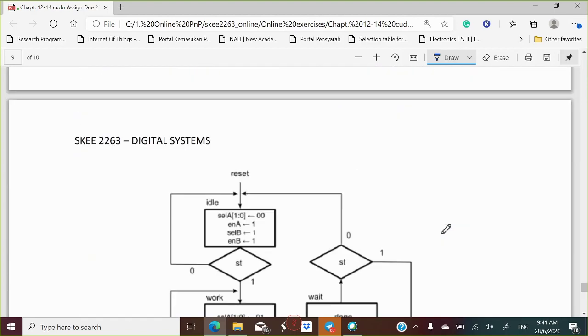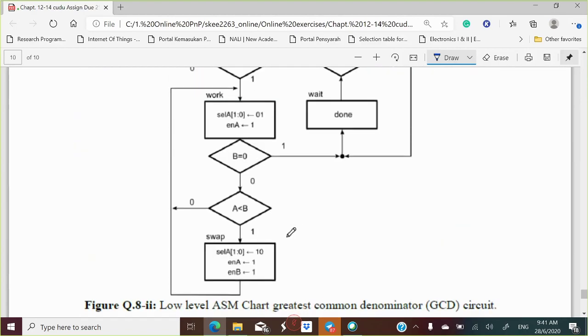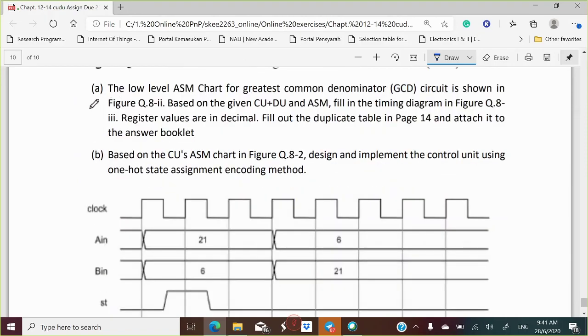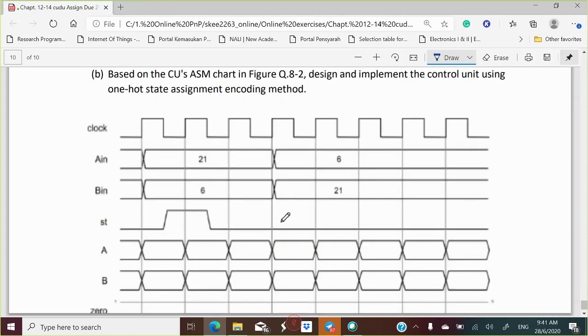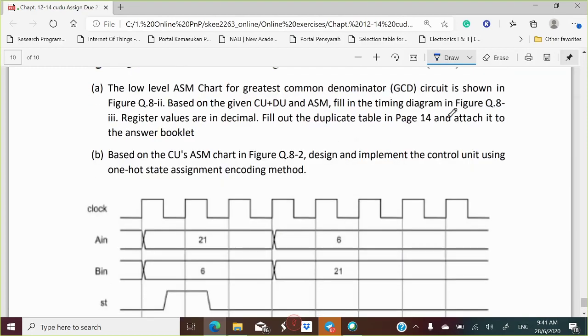Quite often we give you the ASM. So the first part will always be the analysis. When you come up with the timing diagram, meaning you are doing analysis, yeah? You simulate and you analyze. And then based on the ASM, design and implement.